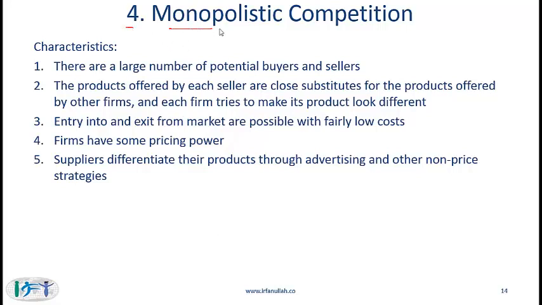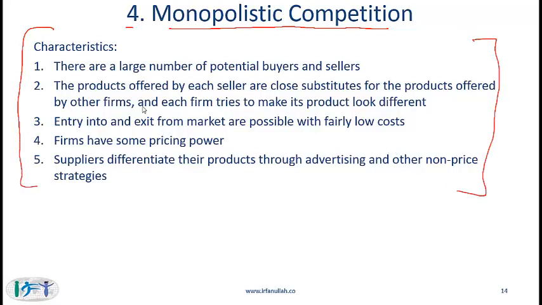Section 4, monopolistic competition. Here are the characteristics which have been taken from the curriculum, and I want you to read these. These have been discussed earlier when we looked at the summary slide showing all 4 types of market structures.